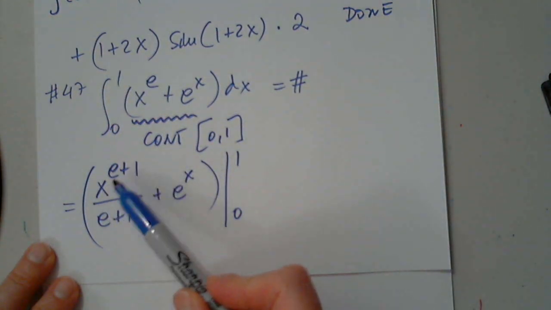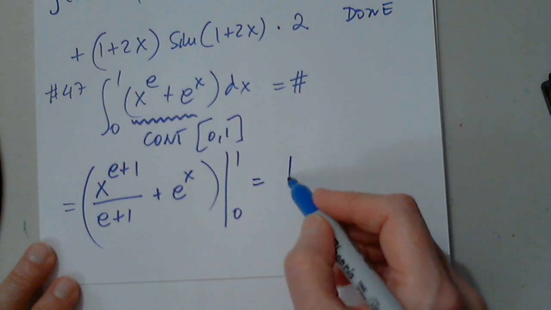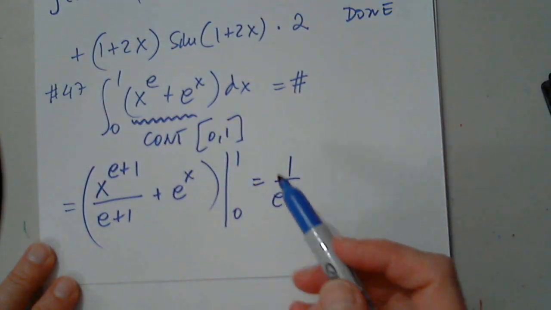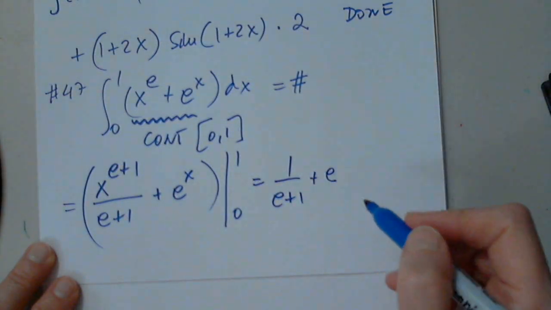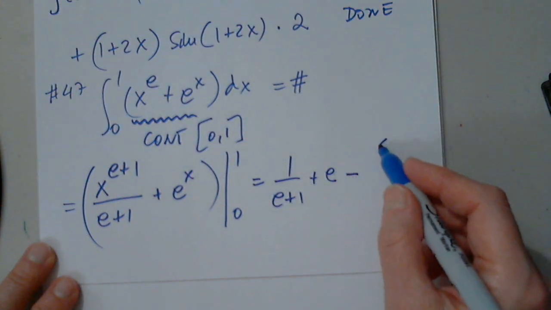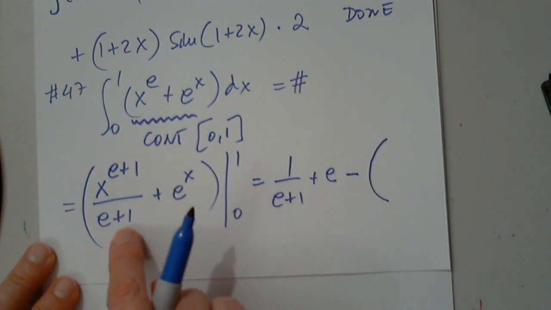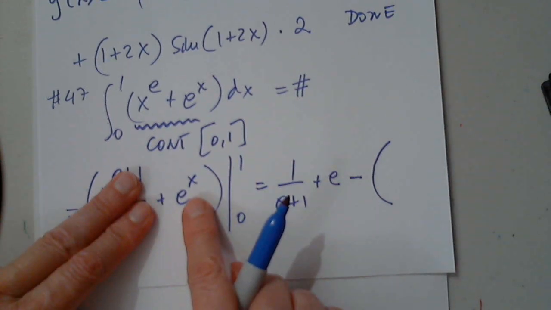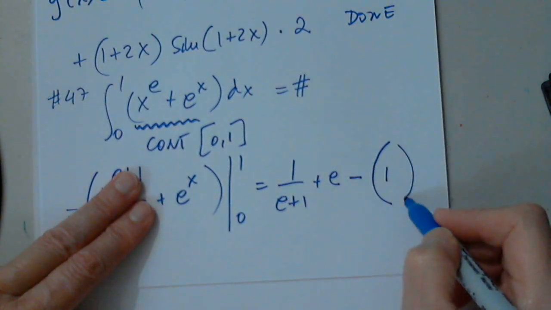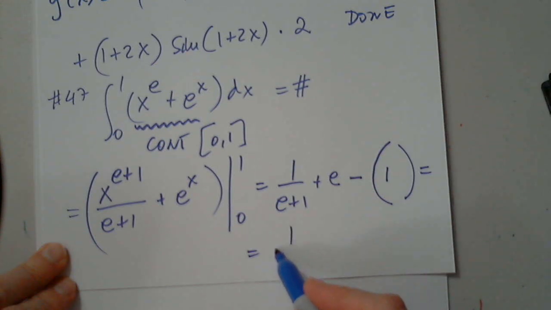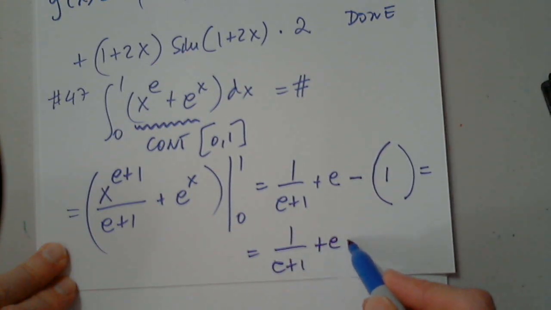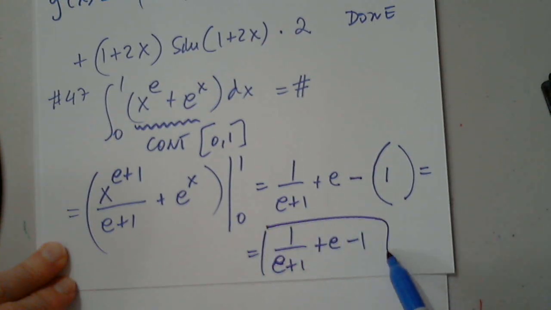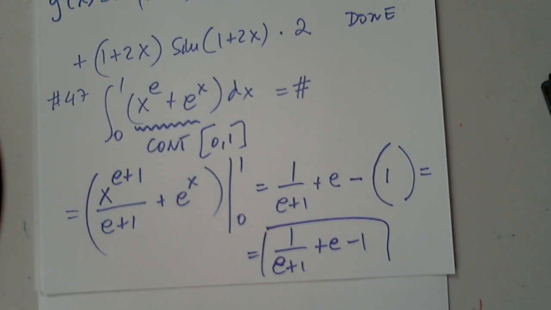So 1 to the e plus 1 is 1. So this is 1 over e plus 1. I plug in 1, so plus e. But now minus, when I plug in 0, well, this is 0, fine. But when I plug in 0 here, I get 1. So then the answer is 1 over e plus 1, plus e, minus 1. You can find the least common denominator and simplify it further, but that's good enough.